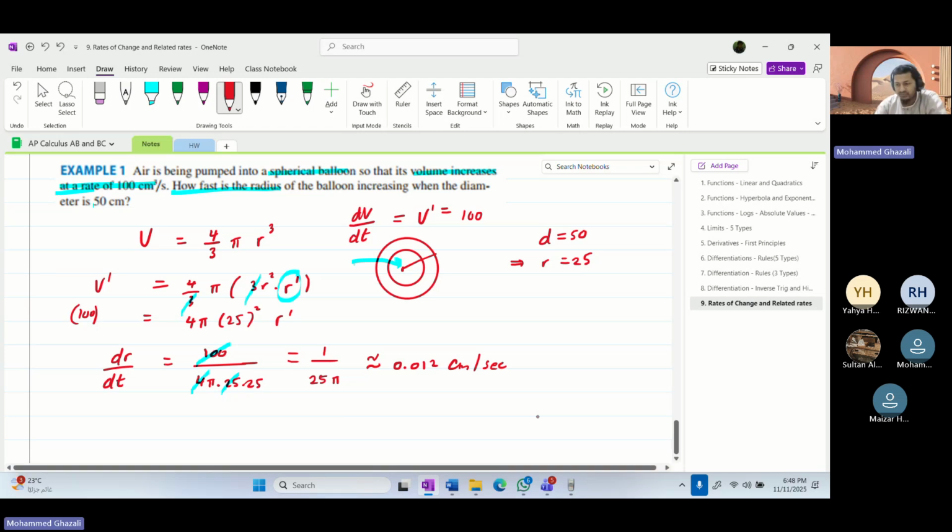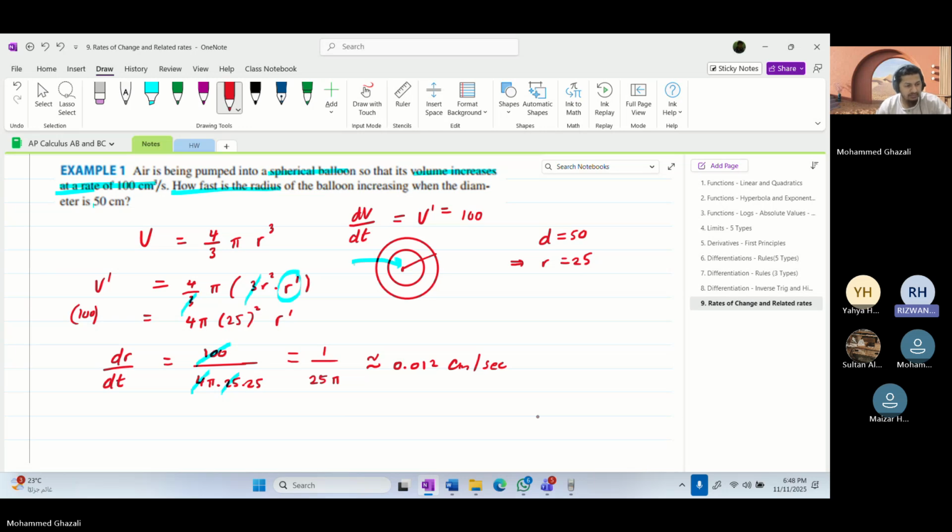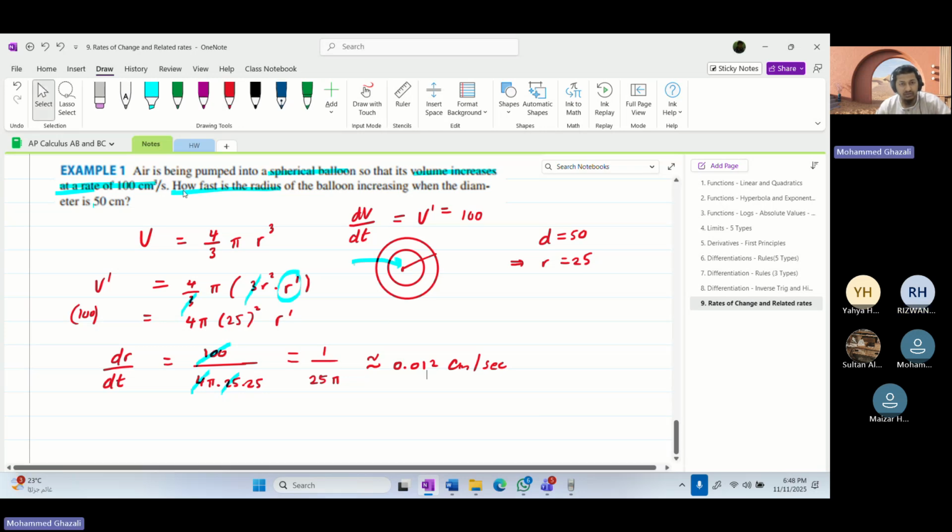Are we good, guys? So that's the first example. In this case, we were given a rate of 100 centimeters cubed per second. I understand it's the rate, but the volume is in cubic units. Why did we have to differentiate it? Because we are looking for the rate. How fast is the radius of the balloon increasing?